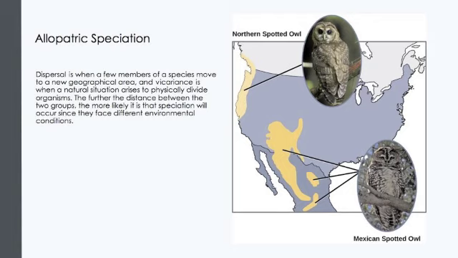A mountain range may emerge and gradually split a population of organisms that can inhabit only lowlands. Or a land bridge, such as the Isthmus of Panama, may form and separate the marine life on either side. Or a large lake may subside and form several smaller lakes, with their populations now isolated.